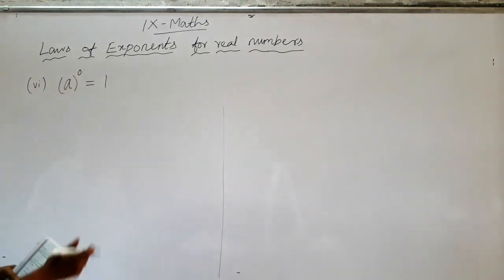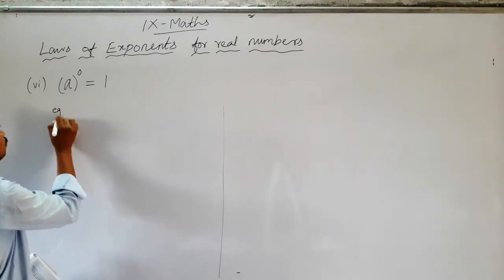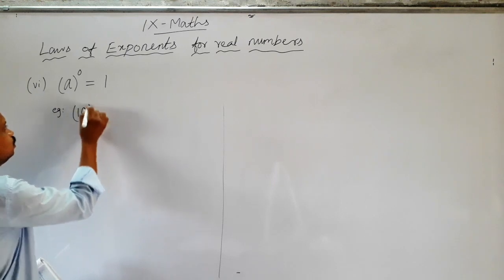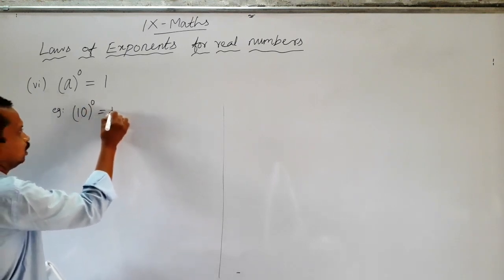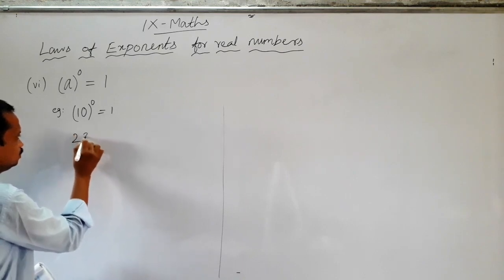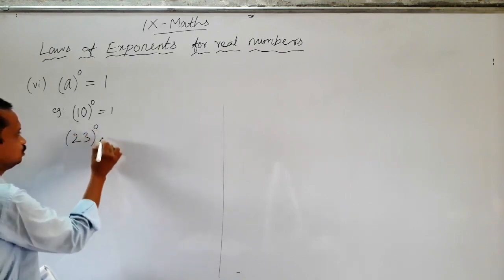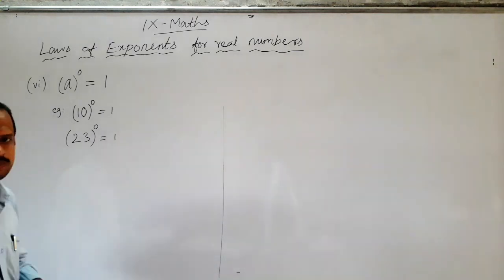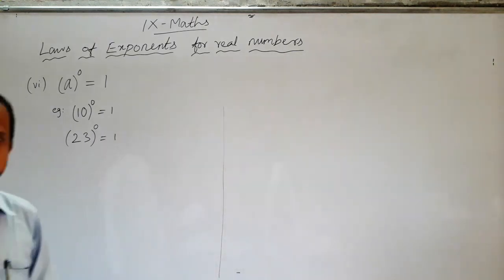Remember. Example: 10 to the power 0 equals 1. Clear? 23 to the power 0 is 1. So any number to the power 0 is 1.